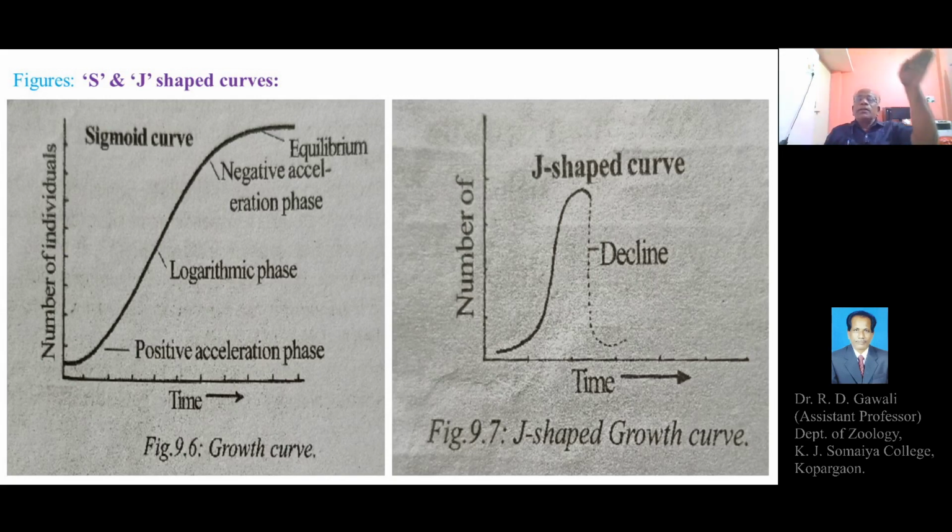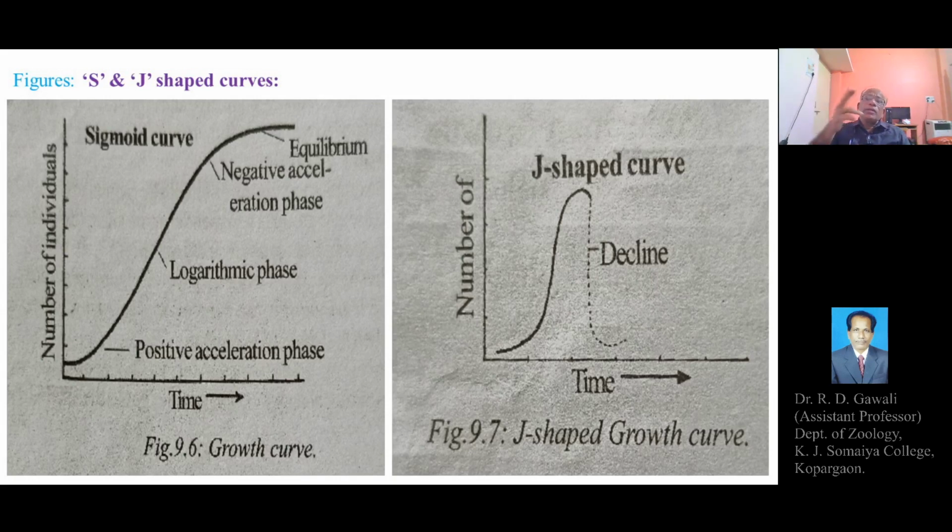After that, there is a sudden decrease in the number of individuals in the population, and this forms a J-shaped curve. This type of curve is shown by certain species of organisms like lemmings, which are Arctic or subarctic rodents, or the thrips in roses.